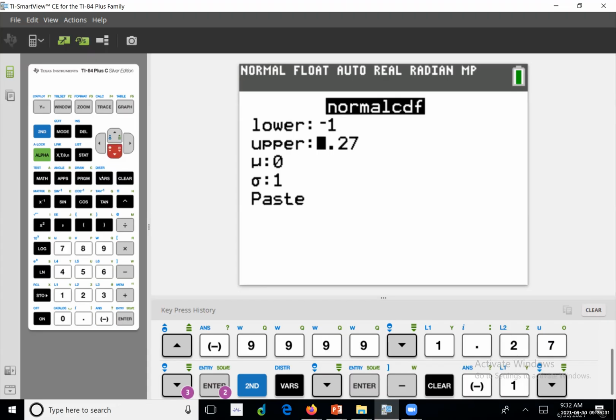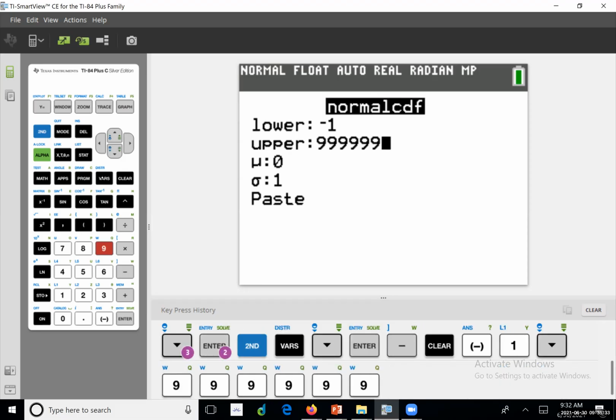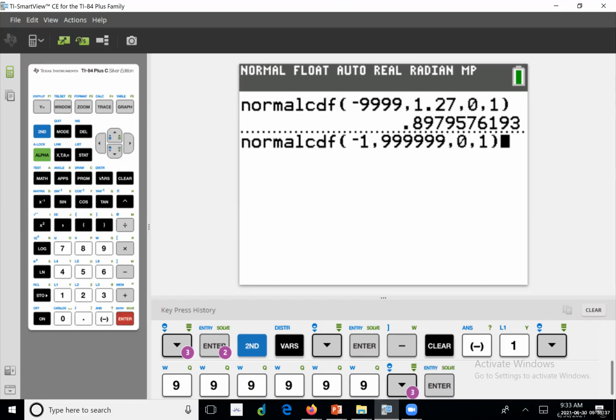Going all the way to, let's say you don't know the upper, so a couple of nines, then 0, 1. 0.8413. So the probability you randomly select an adult that has a bone density above -1 is 0.84 or 84%.